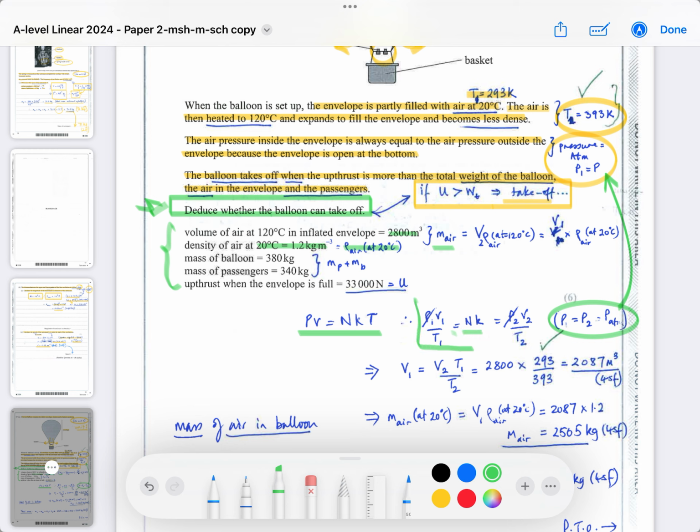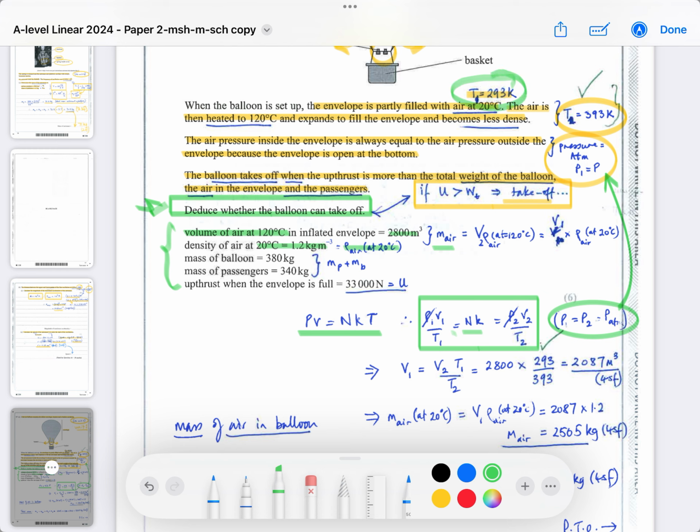And for those of you who know this formula of the gas law, you can just do P1 V1 over T1 equals P2 V2 over T2, and since the P's are equal, you can get the ratio of the volumes and the ratio of the temperatures in a useful equation, because we want to work out volume 1. We know volume 2, that means the volume at 120 degrees centigrade. So we know volume 2, we know temperature 1, and we know temperature 2.